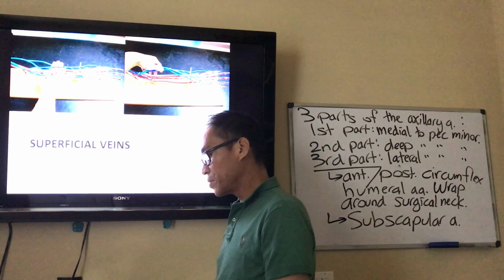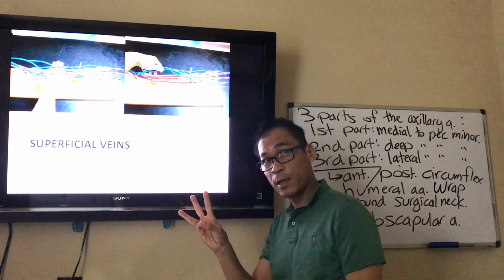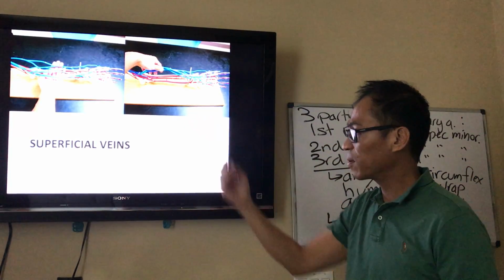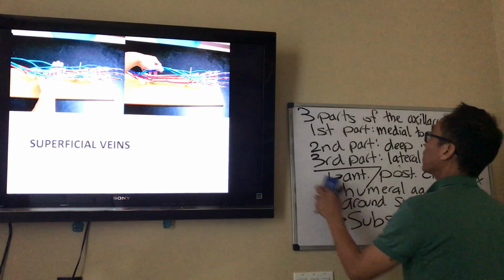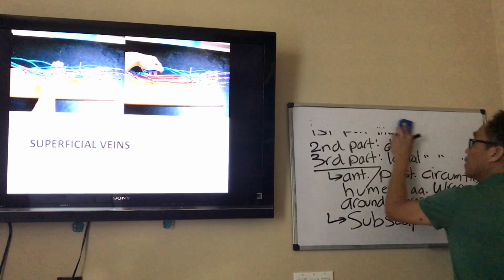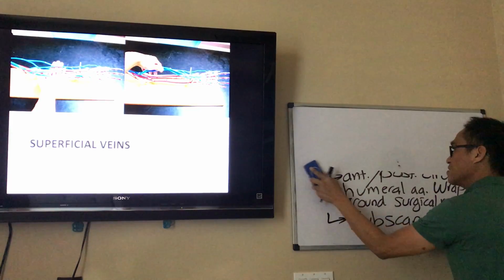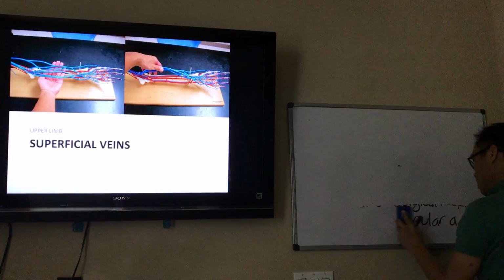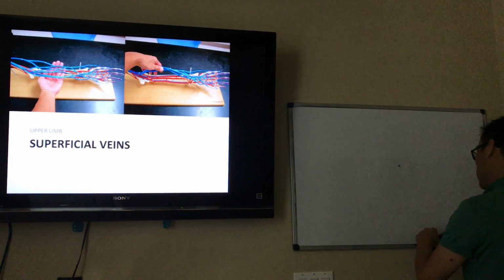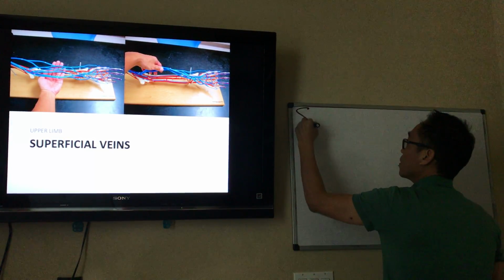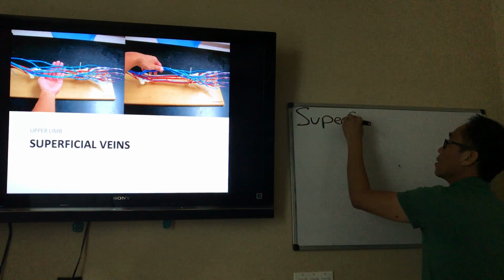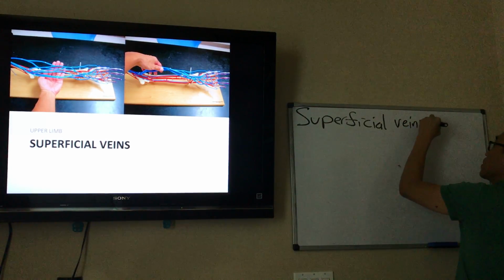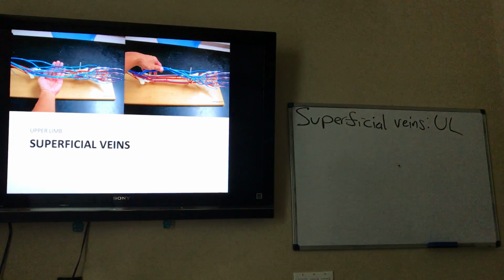Let's look at the arm. I'm going to talk about some superficial veins of the arm. There are 3 that we expect you to know. They're shown on pictures and models, like this one here. Superficial veins, upper limb.